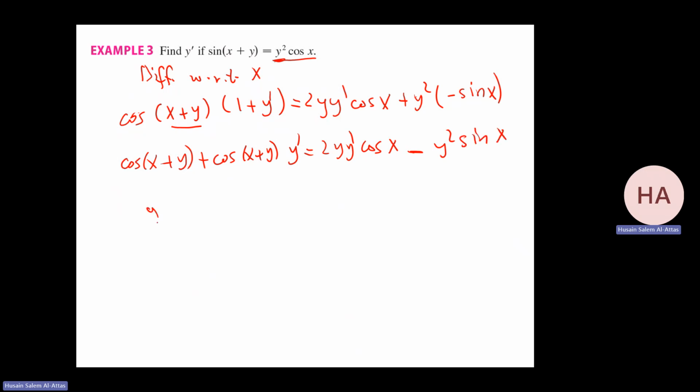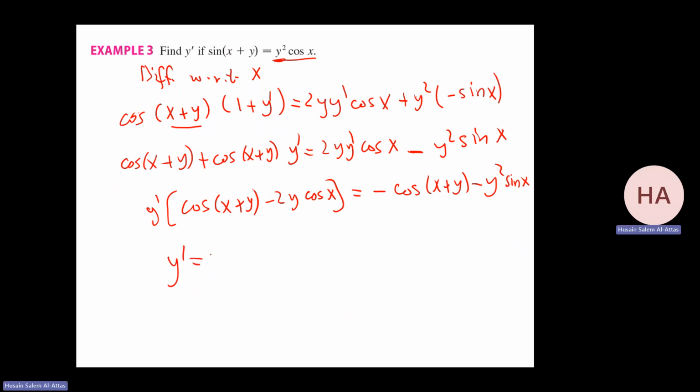Now the things with y prime, I have cosine x plus y minus 2y cosine x equals, I take this to the other side, minus cosine x plus y minus y squared sine x.